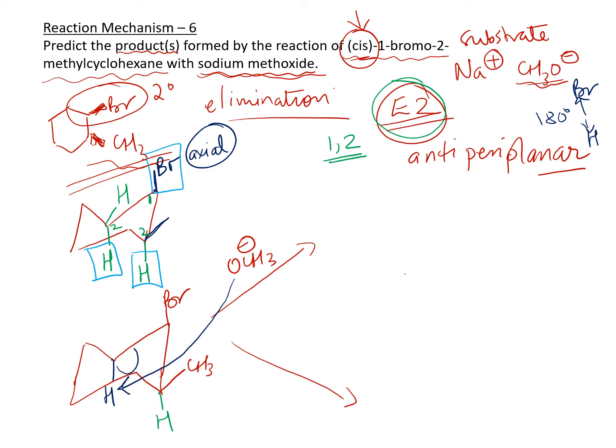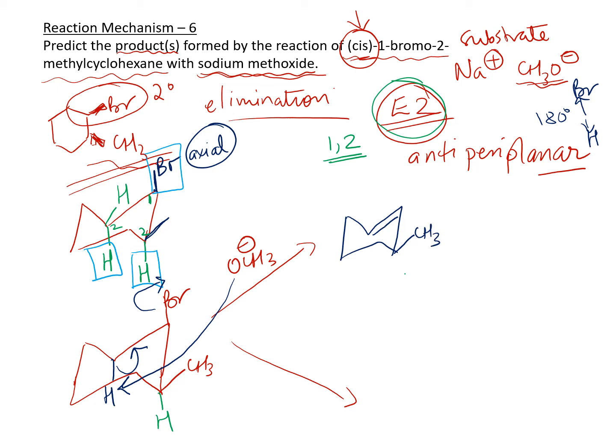The hydrogen is going to leave its electrons over here and bromine is going to go away. So that's the first case. And so this is my product, and the bromine is gone. The hydrogen left its electrons over here and this methyl group is still here.